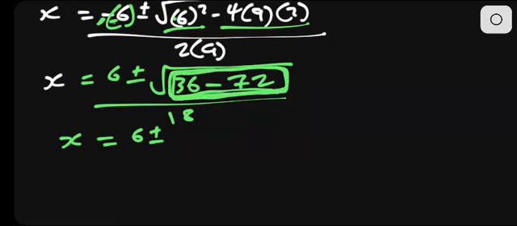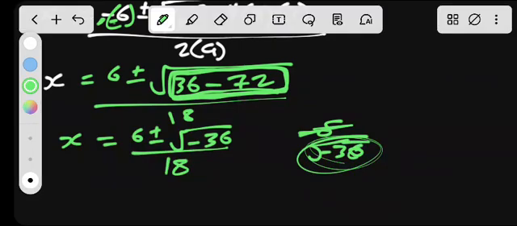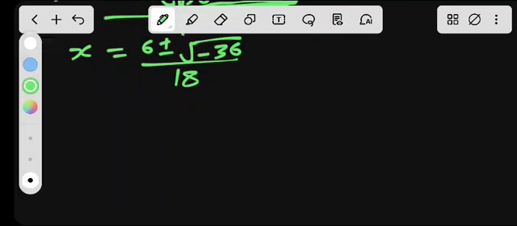If you subtract there, 36 minus 72 will give you negative 36. Aha, as you can see there, under the square root we have a negative 36. So obviously we'll have imaginary there. The complex numbers must come in.